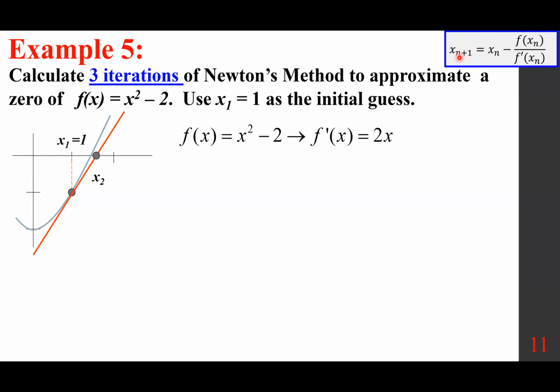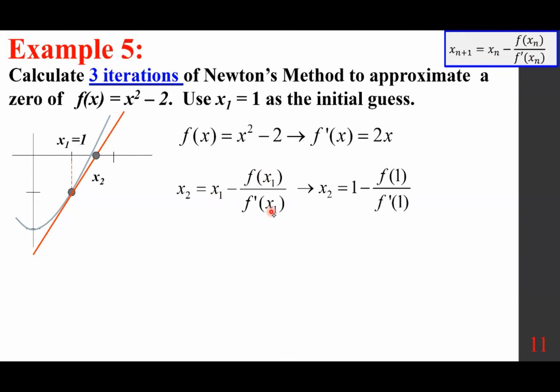So according to this, x sub 2 equals x sub 1 minus f of x sub 1 over f prime of x sub 1. So if x sub 1 is 1, replace it. So we want 1 minus f of 1 over f prime of 1. Again, I'm going over all the details so we don't miss anything.